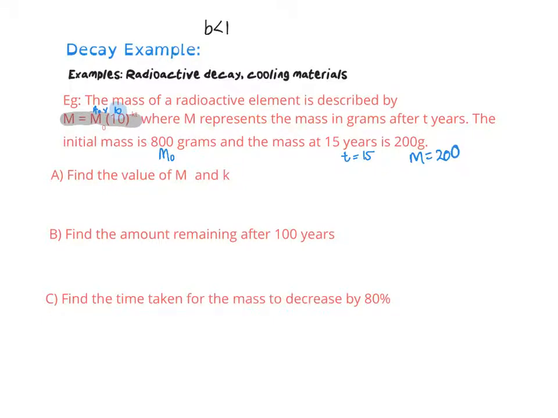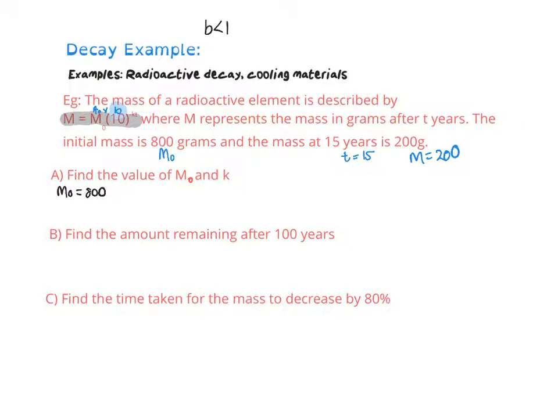All right. Okay, so they are asking you to find the value of, that was supposed to be M0 and k. Okay, so you know what M0 is. We've already worked that one out. We said M0 is 800.